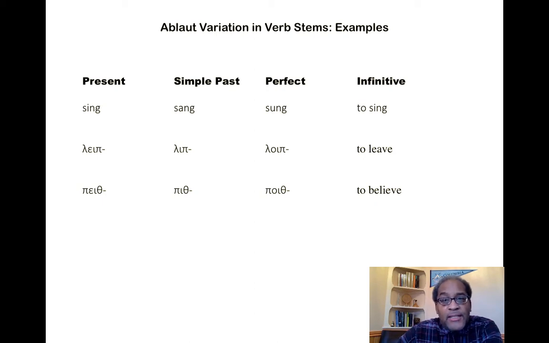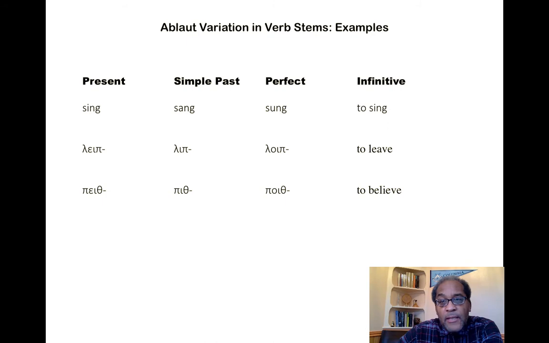In English, like I say, we had sing, sang, sung, to sing. That's an example of ablaut variation. But in Greek, for instance, in the verb to leave, like I left my book bag at school, we have leip, lip, loip as our variation in the present, the simple past, and the perfect respectively.